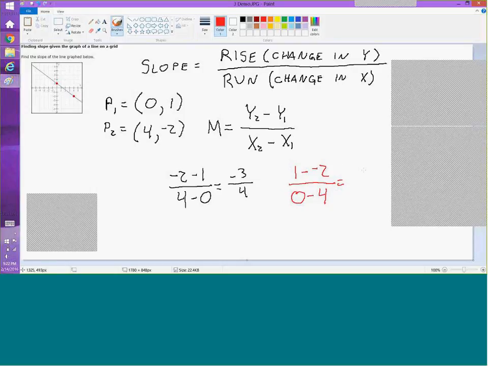Negative 2 is positive 3. 0 minus 4 is negative 4, which is just a negative 3/4. It doesn't matter if the negative is on the top or bottom. Either way, you're still a negative fraction. It's more useful when you're plotting the slope.